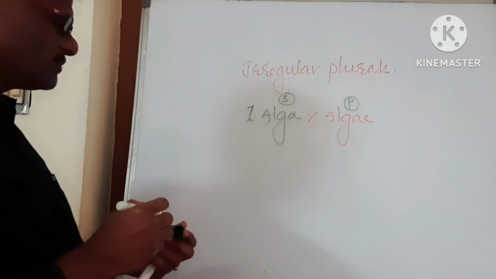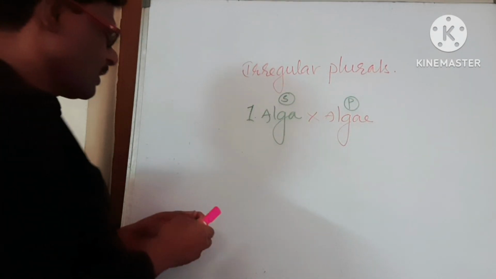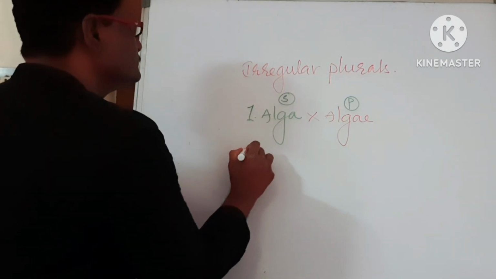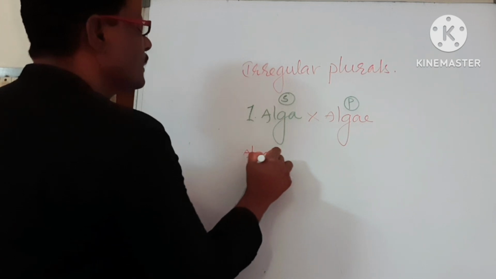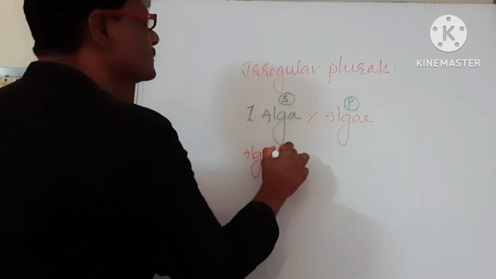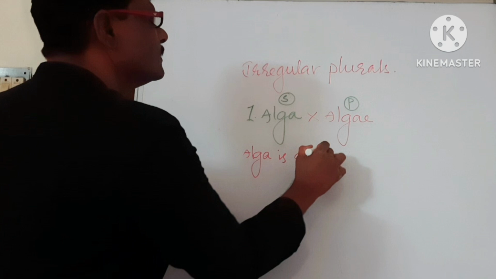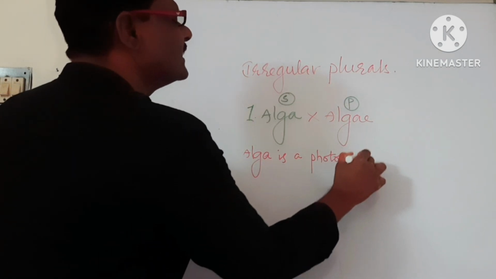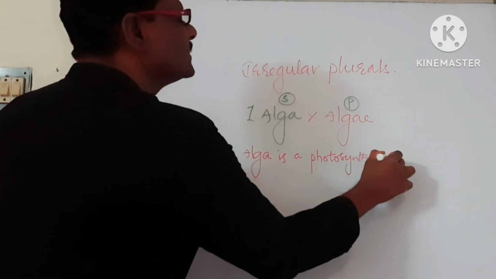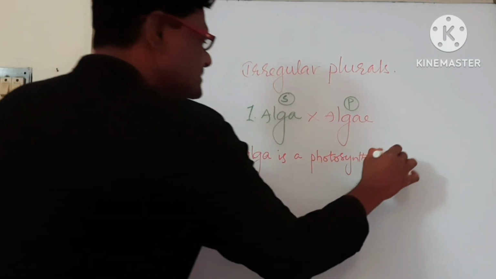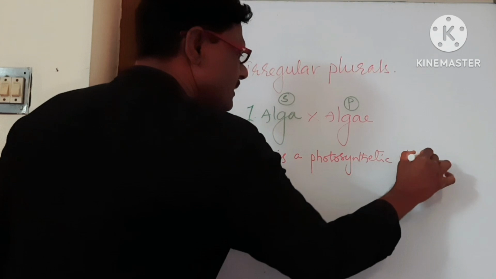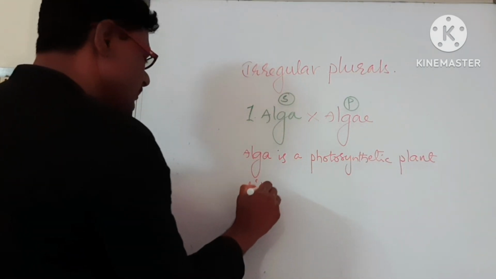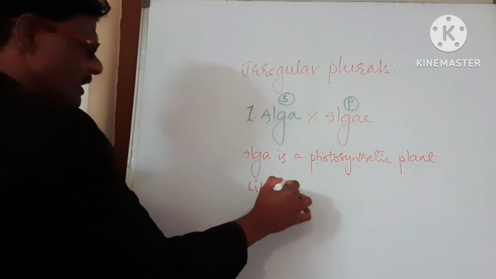What is alga? Tell me. How do you want to write? Alga is a photosynthetic plant-like organism.